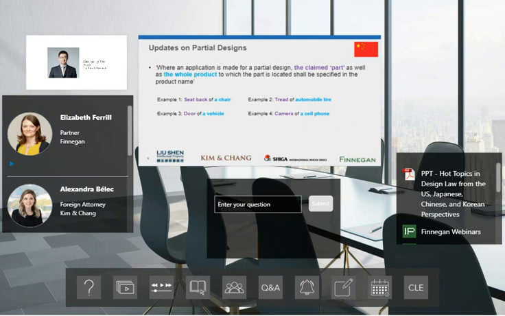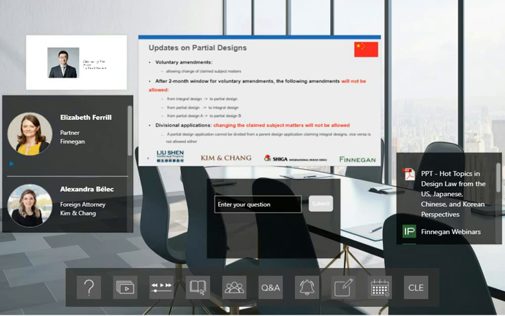We can also see how to give the name of such partial designs. It should be connected with the whole product. We can see some examples: the seat back of a chair, and also the camera of a cell phone. So it should be connected with the whole product. And there are some voluntary amendment opportunities, and it is allowed to change the claim subject matters.